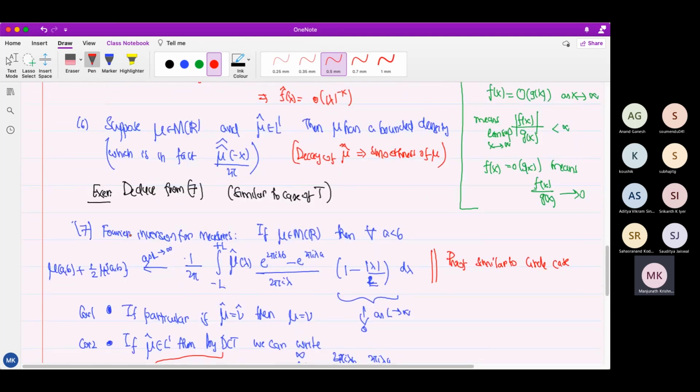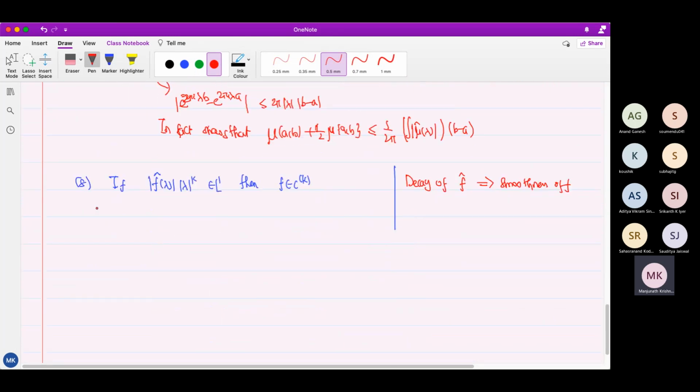It is actually very similar to the one that I stated for measures. So in fact, first we prove that f hat in L1 implies f is actually equal to f hat hat of minus x, almost everywhere. Okay, so that's what it says. So f hat hat of minus x is f of x.